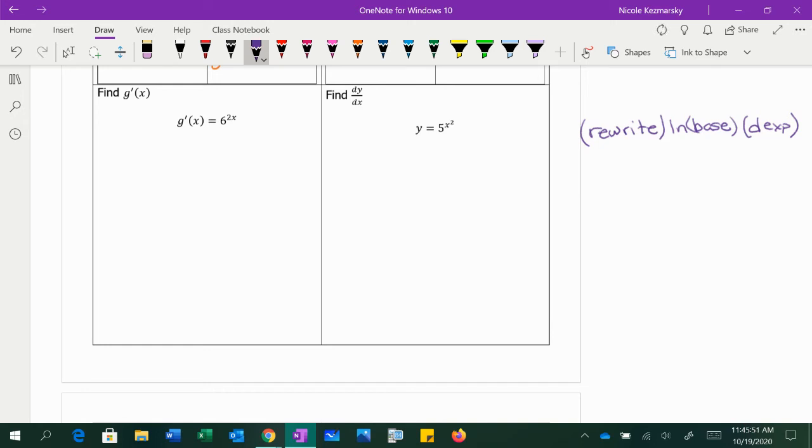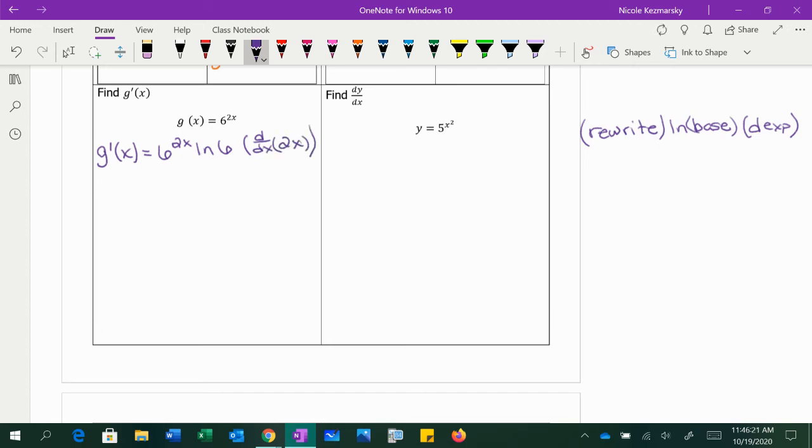So if we follow that rule, and this should just be g of x, that's a little typo, g prime of x is going to be, rewrite it, so 6 to the 2x, natural log of the base, so natural log of 6, times the derivative of the exponent.